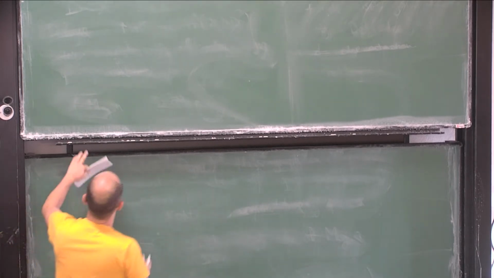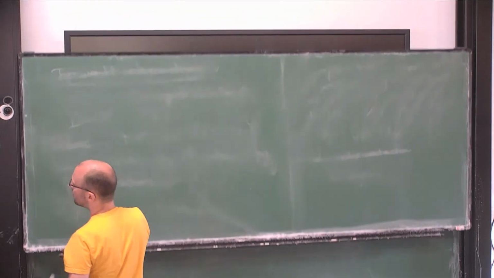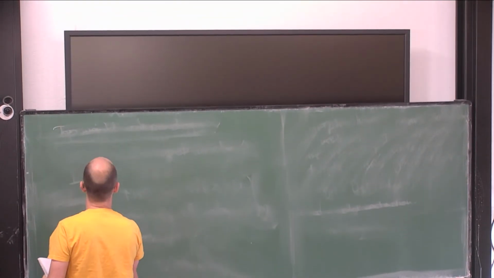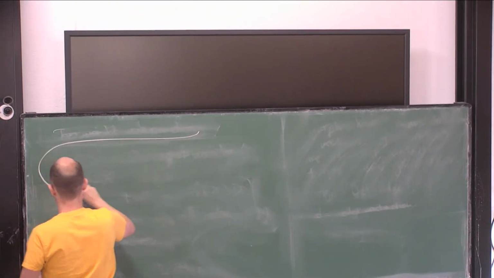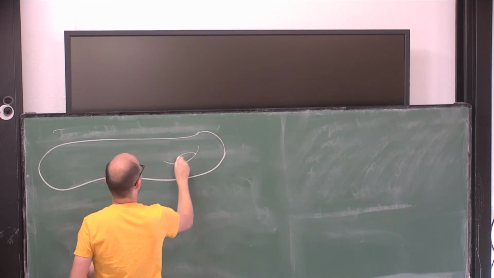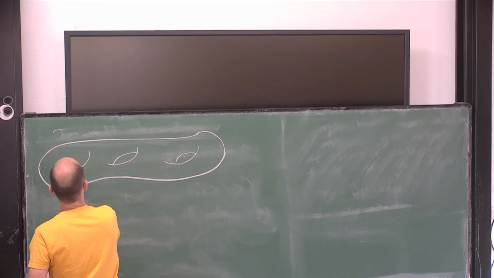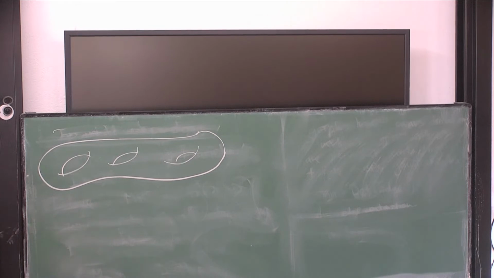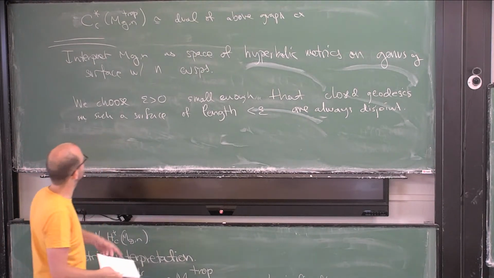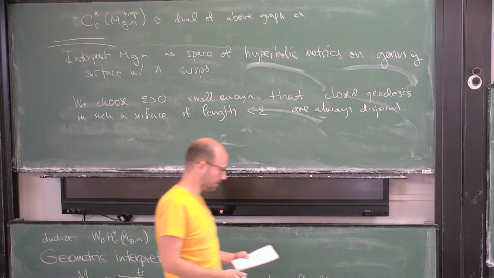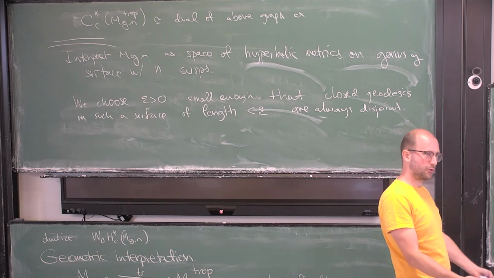So let me draw a picture that illustrates how the tropicalization works then. So I have my surface, and I have a hyperbolic metric on it. This gives me a point of M_{g,n}. Now I ask, what are the short geodesics?